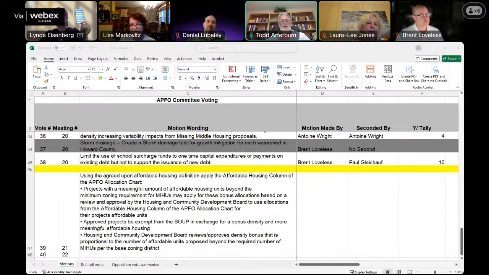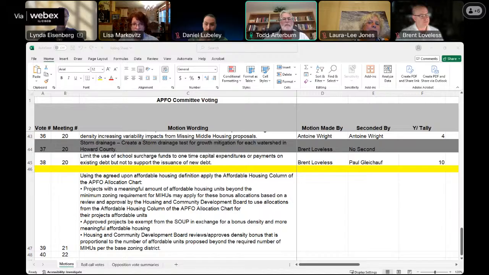That's just a descriptor to have more. So the idea is that if you have more housing, they want to have more meaningful affordable housing. So again, just a description. It's just to add to the sentence. That's how it was written. So you can just copy in what was presented.